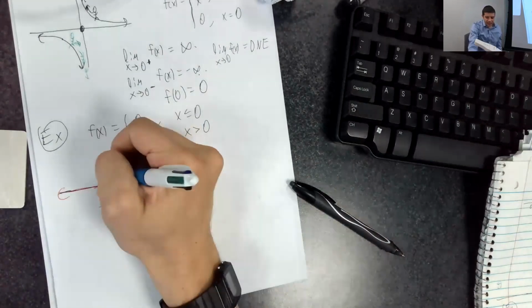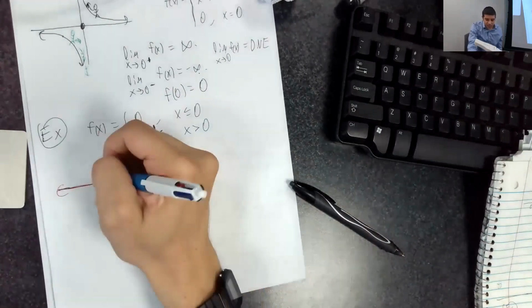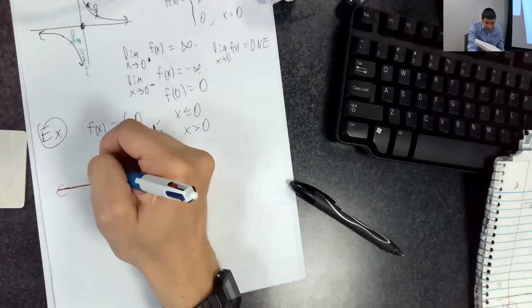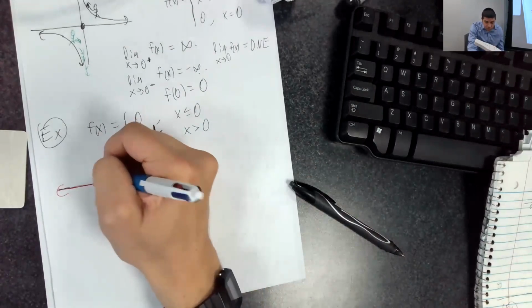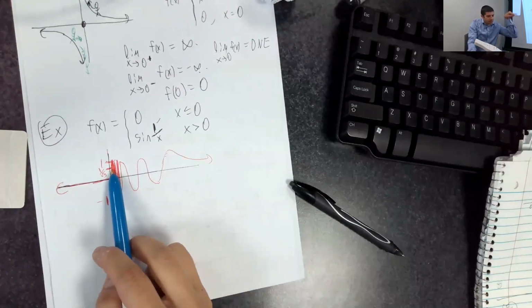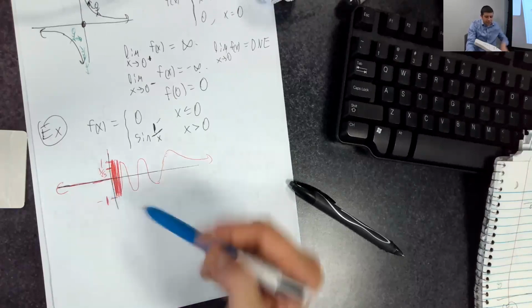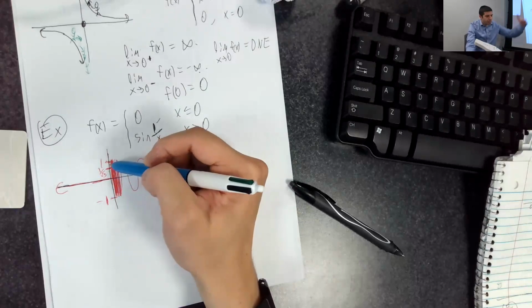What this means is that this sine wave is going really crazy near 0. Pick any value, like, I don't know, 1 over rad 3. I'll get oscillations of the sine wave where the y values are very close to 1 over rad 3, meaning this wave is approaching everything between -1 and 1.